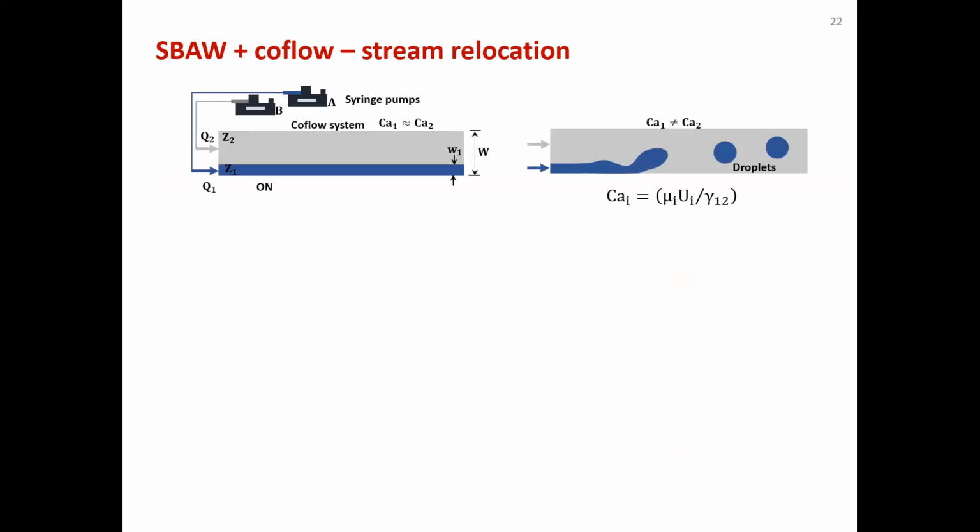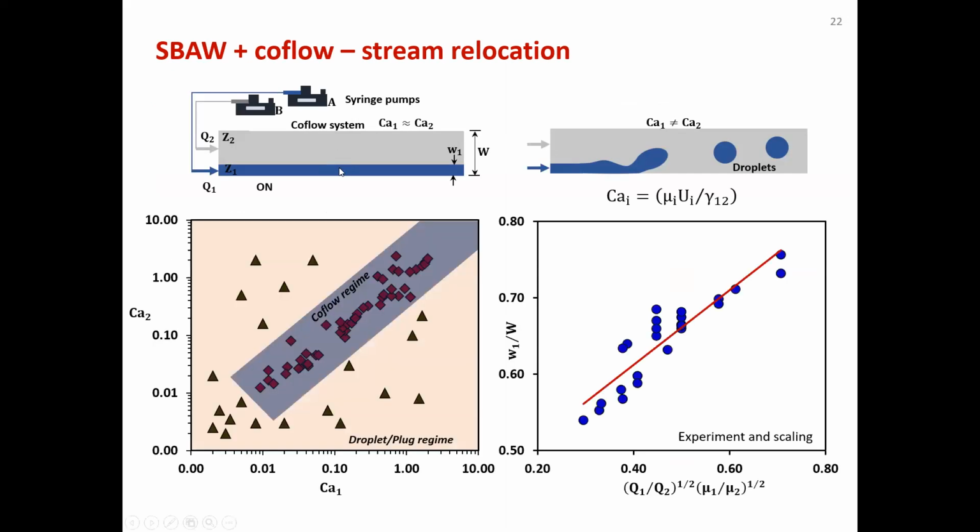Before even studying the relocation phenomenon, we have to make sure that these fluid streams are stable. We found that you could establish a stable co-flow in a microchannel when you make sure that the capillary numbers of these fluids are equal.